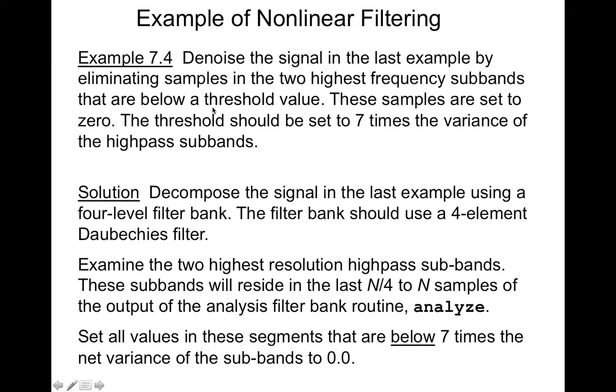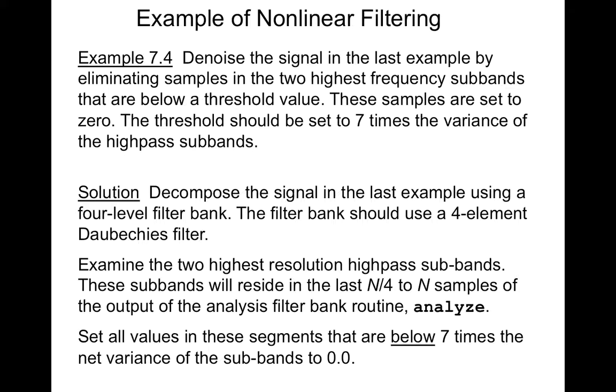Eliminate samples that are below a certain threshold value. Set those to 0. The author says the threshold value should be set to 7 times the variance of the high pass subbands. So, okay, this is a little arbitrary as well. It really depends on your application and what you're looking for.